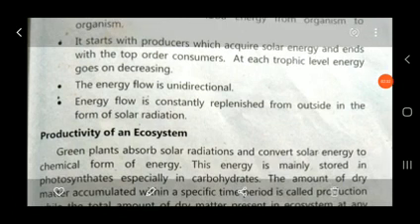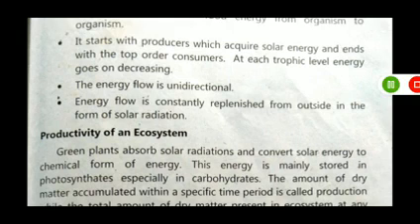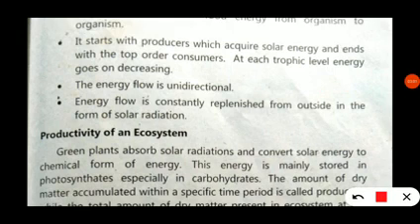Energy flow is constantly replenished from outside in the form of solar radiation. When energy is transferred from one trophic level to the next, energy is lost in the form of heat. Here, do not get confused: it is the heat that is lost, and it is replenished in the form of solar radiation.